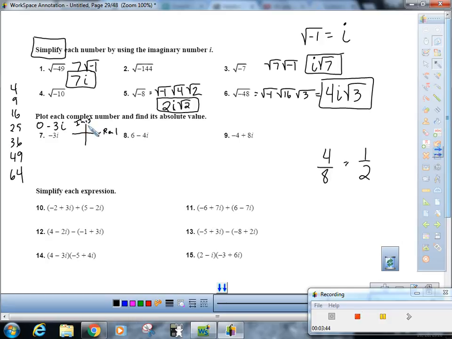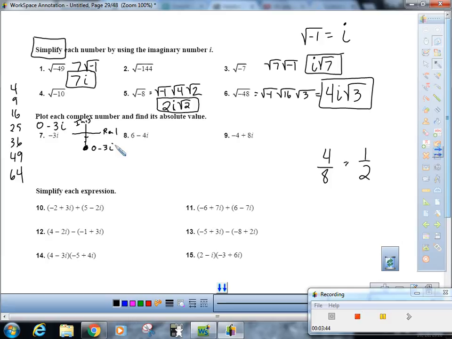This is not difficult. It's just new, so it's confusing. Here's what it's telling you to do. Go right 0 and go down 3. 1, 2, 3. Now plot a big old dot there and write 0 minus 3i. That's how you do it. That's how you plot a point.